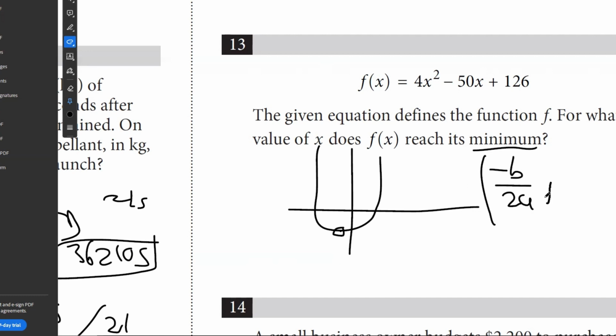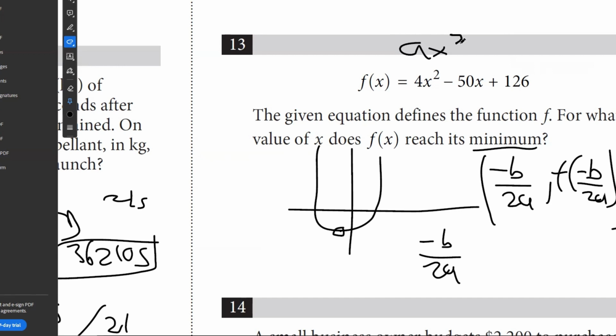And our y position is going to be equal to f of negative b divided by 2a, and this is our vertex form. Our vertex is going to give us our minimum point. So it's asking for what value of x, so basically we're asked to find negative b divided by 2a. If you don't know what b and a mean, let me show it to you real quick. a times x squared plus bx plus c.